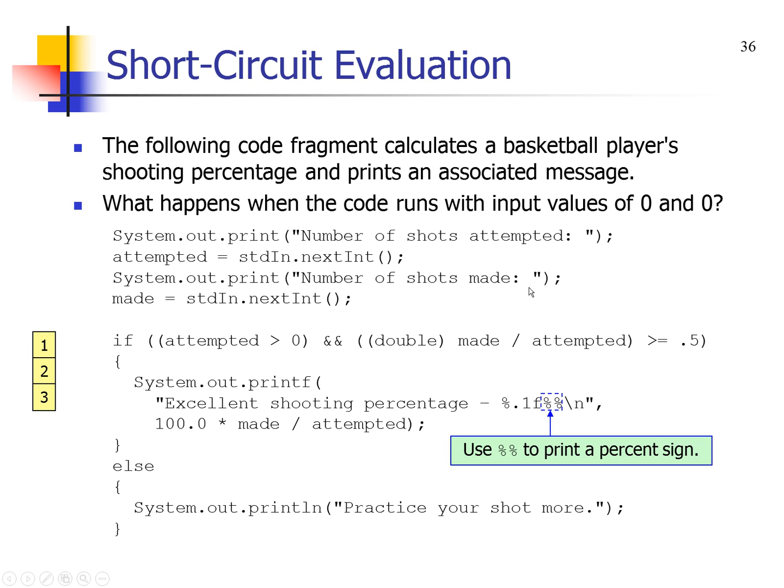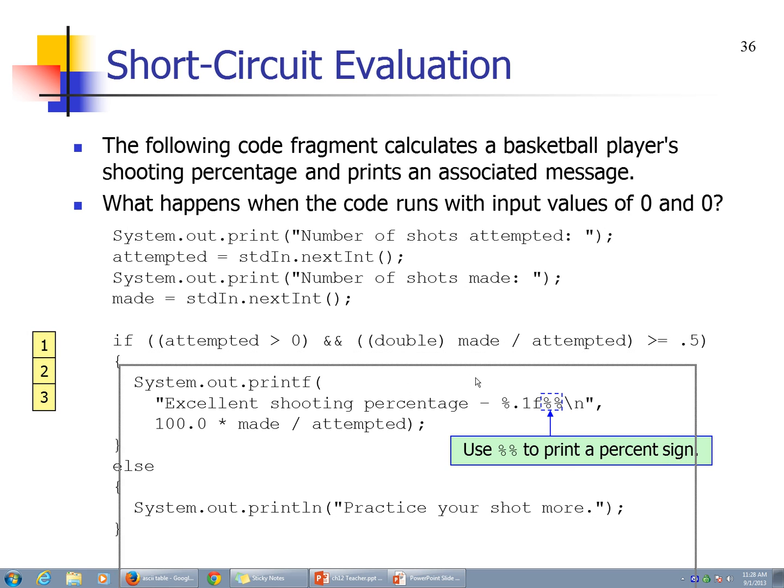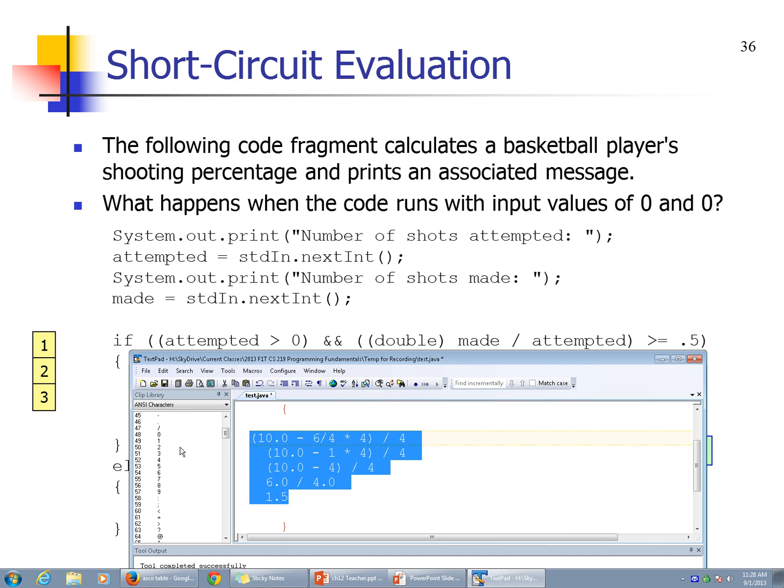Let me explain something to you. The way short circuit evaluation works, see this and sign? Let me write something here. If I have true and true, the answer's true.